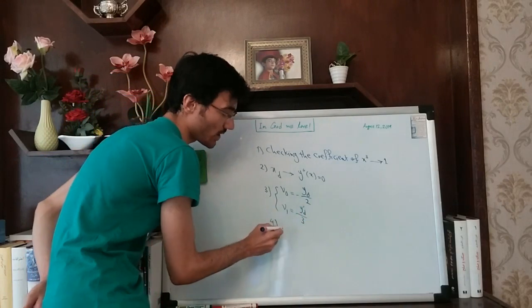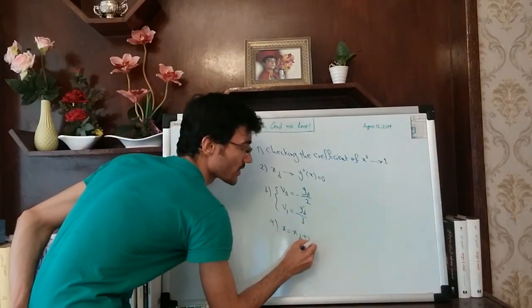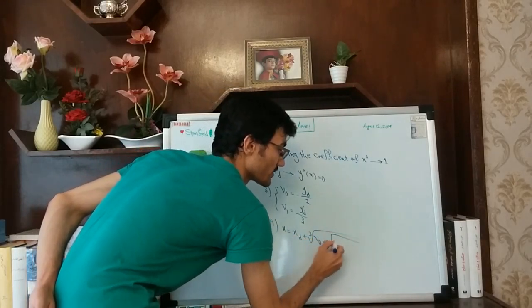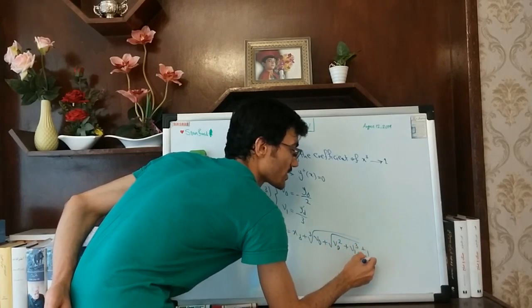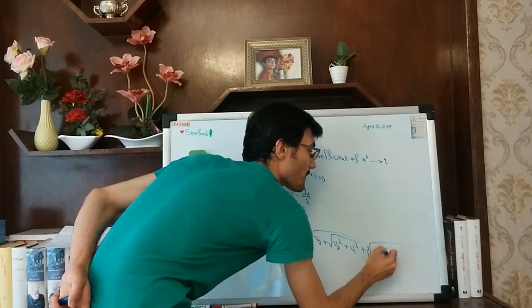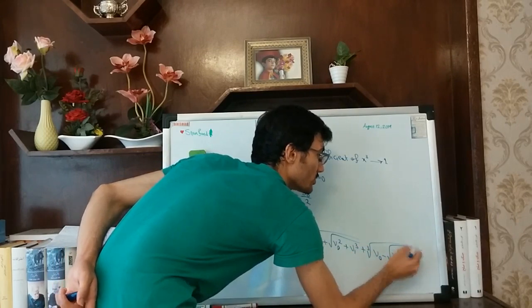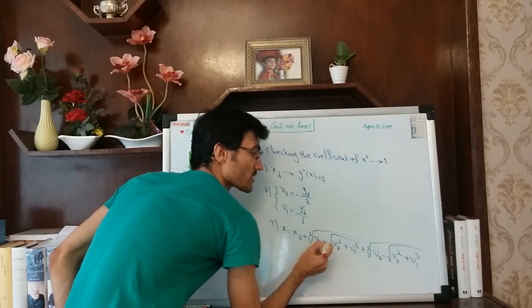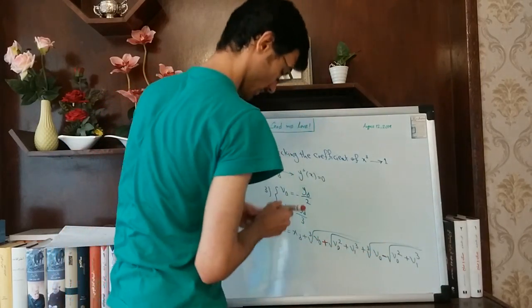The next step is to find one of the roots by using this formula: xt plus the cubic root of v0 plus the square root of v0 squared plus v1 cubed, plus the cubic root of v0 minus the square root of v0 squared plus v1 cubed. Pay attention to these signs. Here we have plus, and here we have minus.